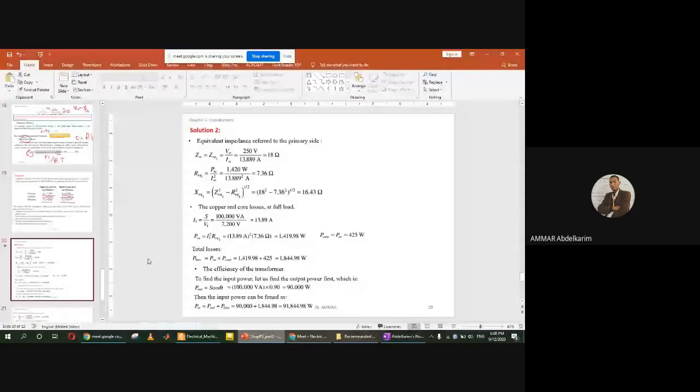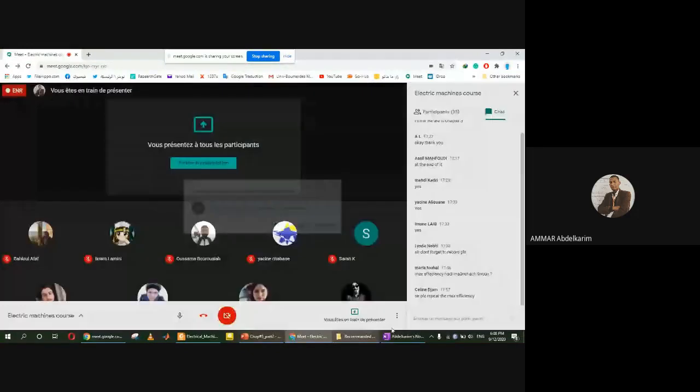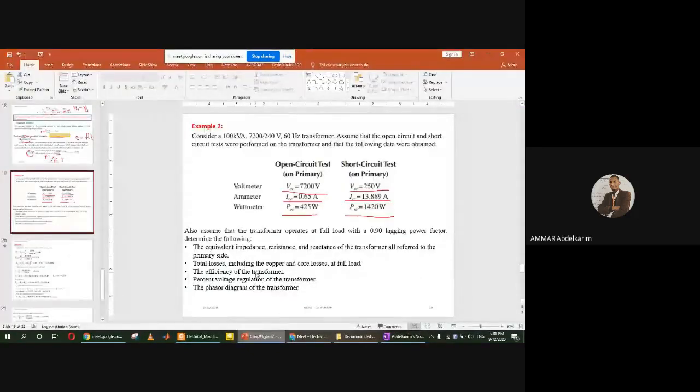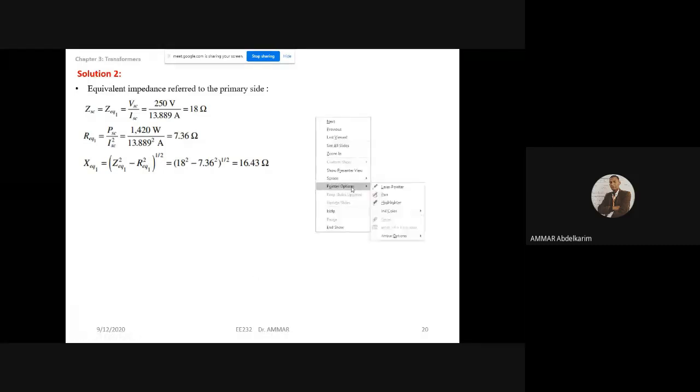According to the data, V short circuit is 250 over 13.889, and this is equal to 18 ohms. This is the value of the equivalent impedance.